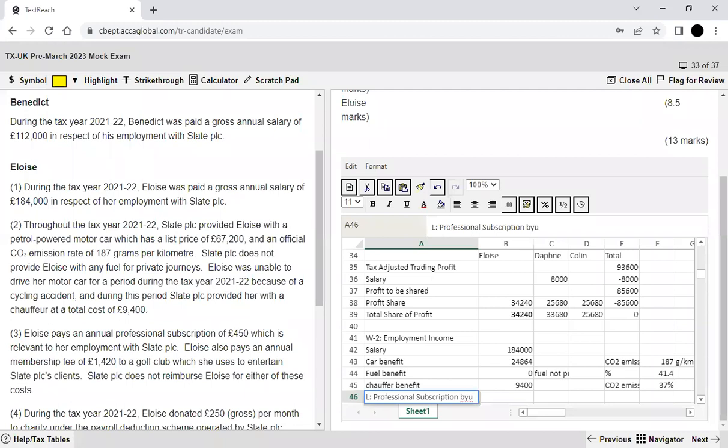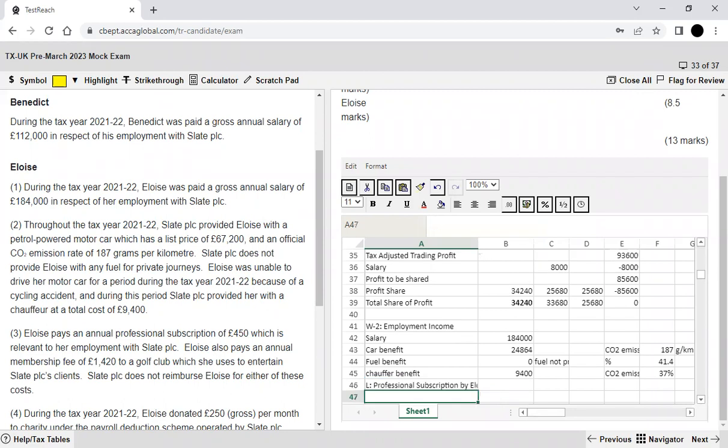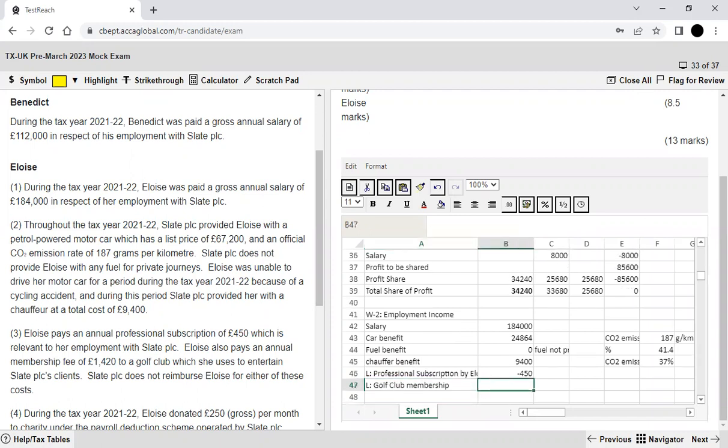Professional subscription. Golf club membership: is it allowed to be deducted? The answer is no, because it is mentioned in the question that she uses it to entertain Slate PLC clients.